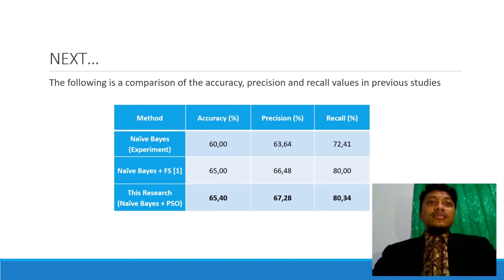Method number 3, the research Naive Bayes plus particle swarm optimization or PSO. Accuracy 65.40% and precision 67.28% and recall 80.34%.